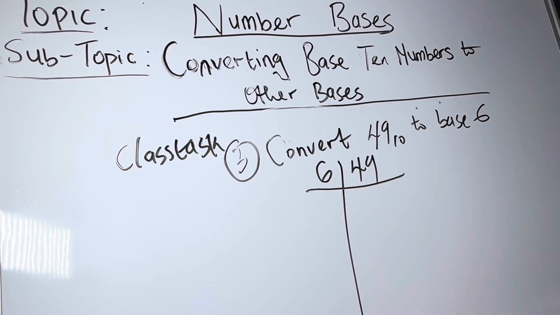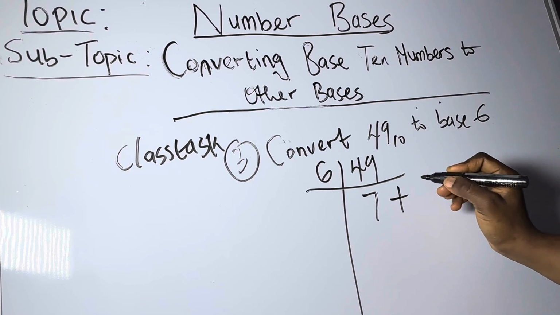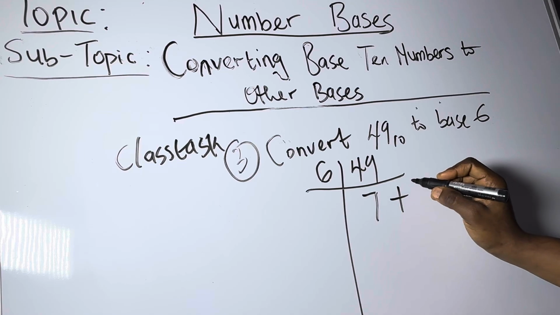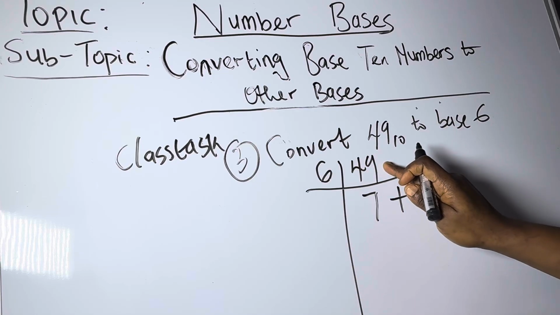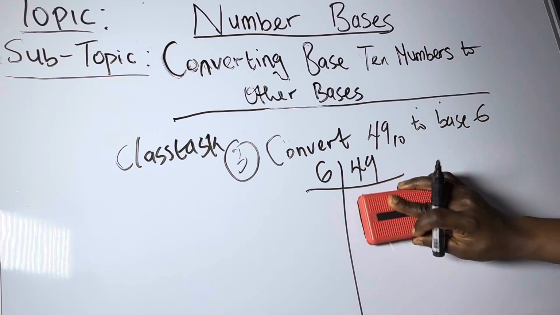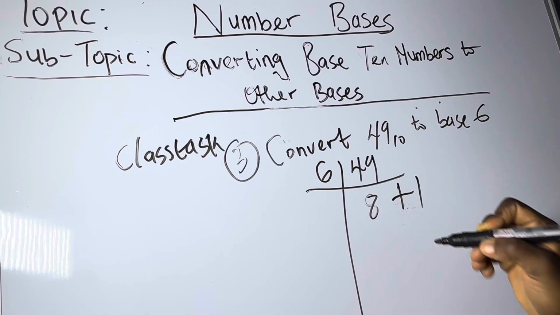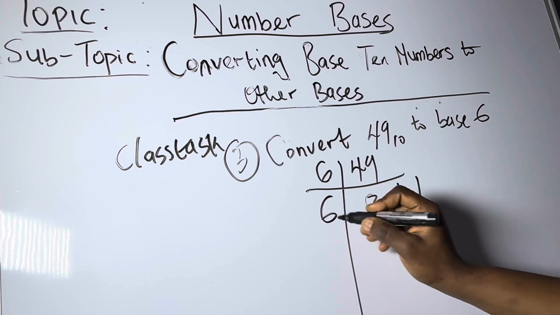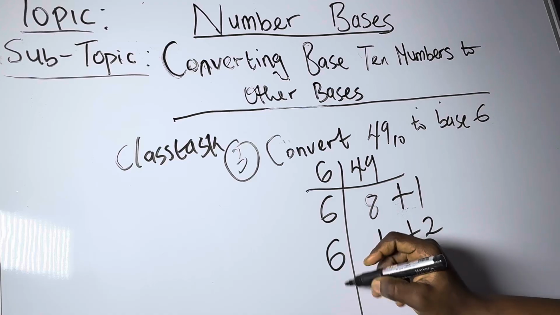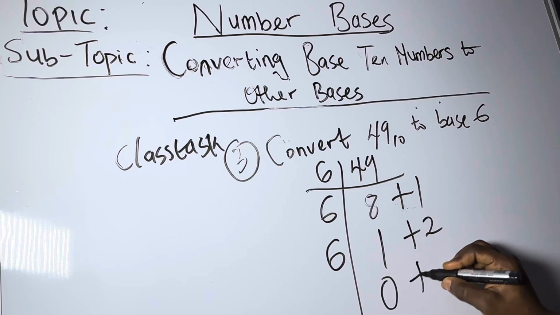6 in 49, 6 times 7 is 42, that's 7... sorry about that, 6 in 49 is 8, remainder 1. 6 in 8 is 1, remainder 2. 6 in 1 is impossible, that's 0, remainder 1.